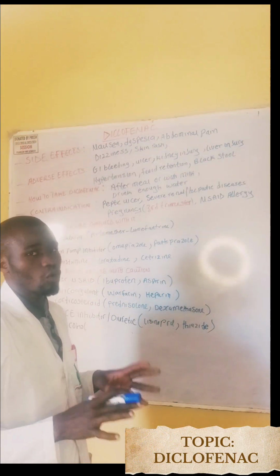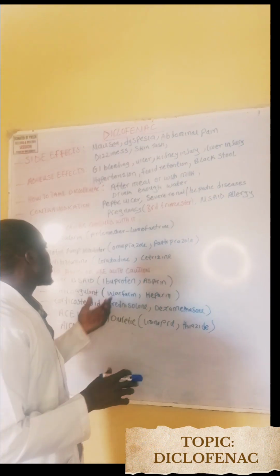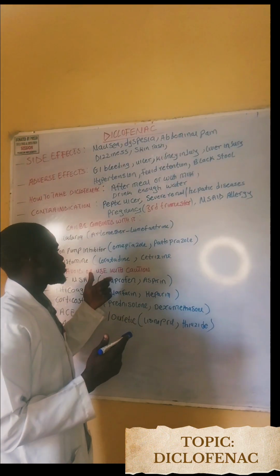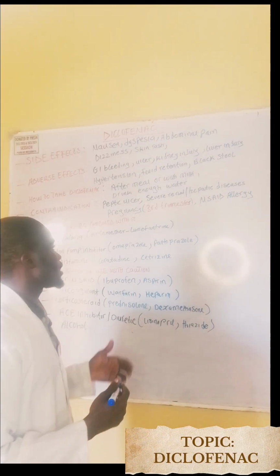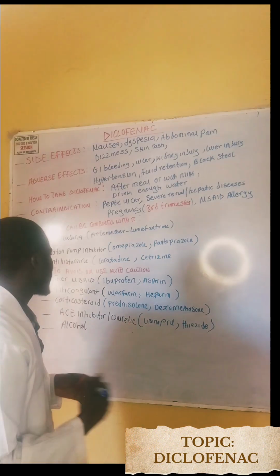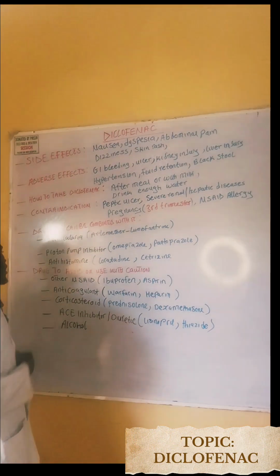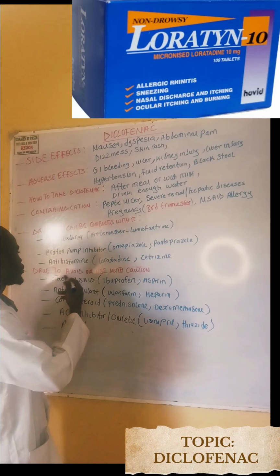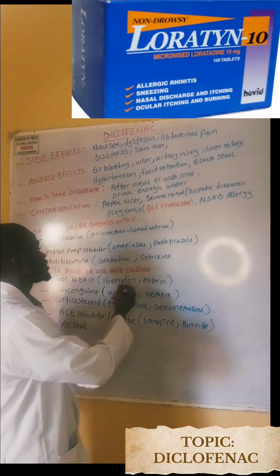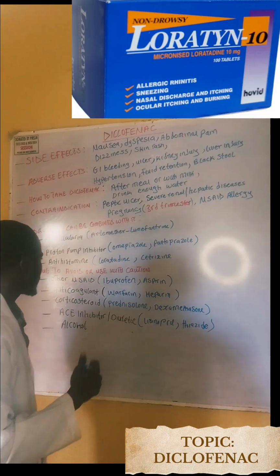NSAIDs generally cause gastric irritation. Thereby, when this proton pump inhibitor is administered with it, it reduces the gastric irritation caused by diclofenac and other NSAID family. And diclofenac can also be taken with antihistamines like loratadine, cetirizine, and other antihistamines.